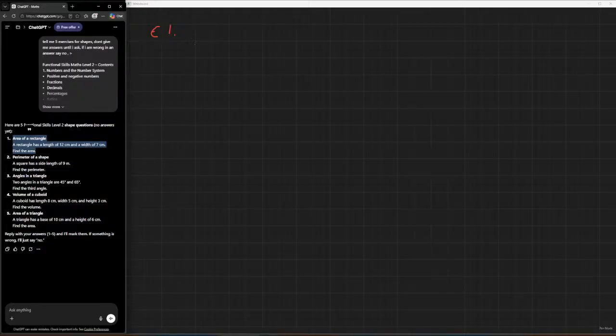A rectangle has a length of 12 and a width of 7.